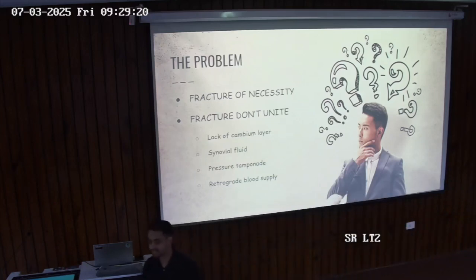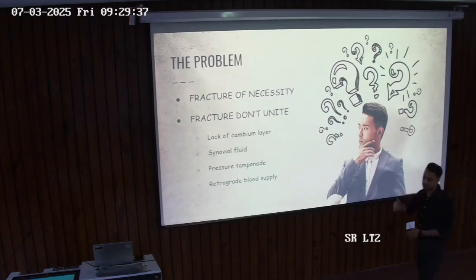The fracture of necessity means if this fracture happens, it still is necessary to operate. In the four bone forearm, if the fracture happens, you do it like that. Not there, neck of femur. Why? Because these fractures do not unite.